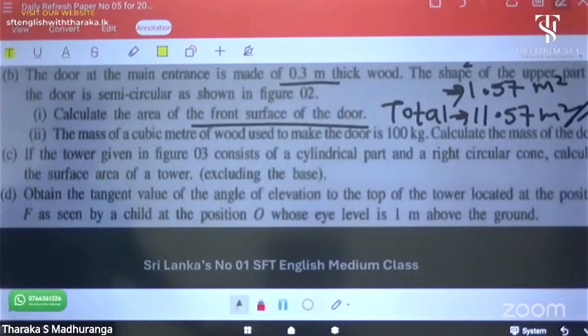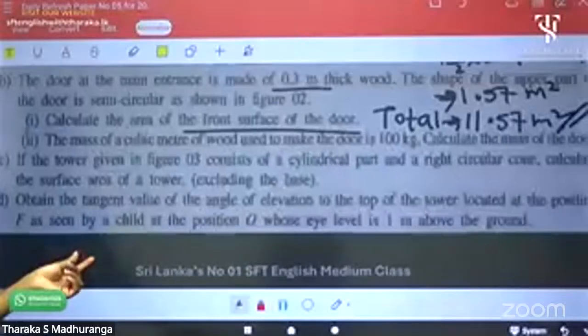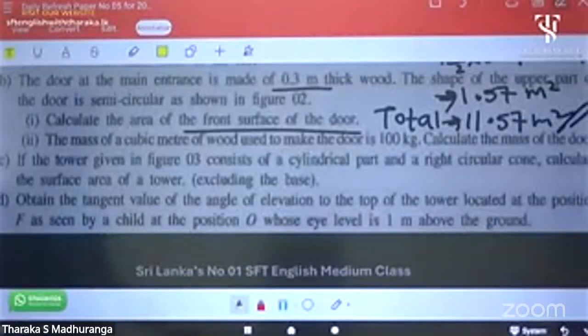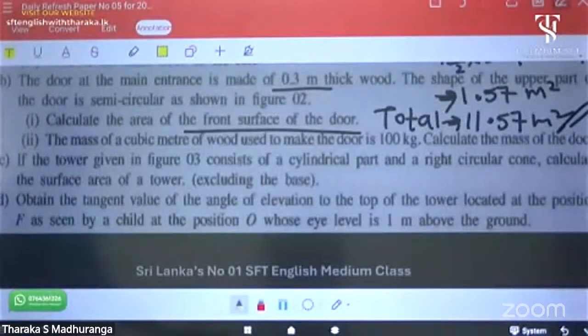Obtain the tangent value of the angle of elevation to the top of the tower located at F as seen by a child at the position O. It's a good question.